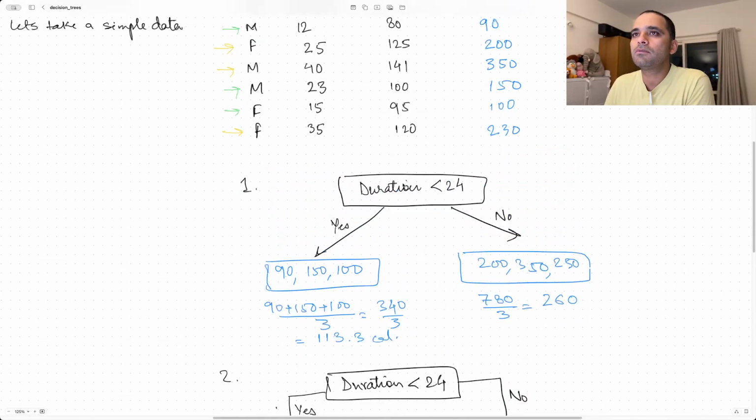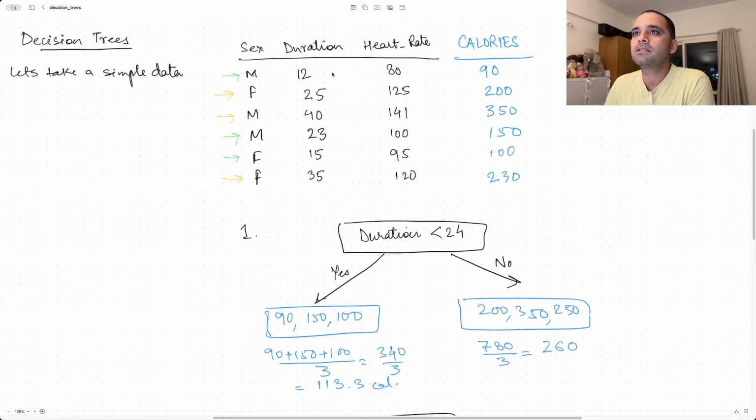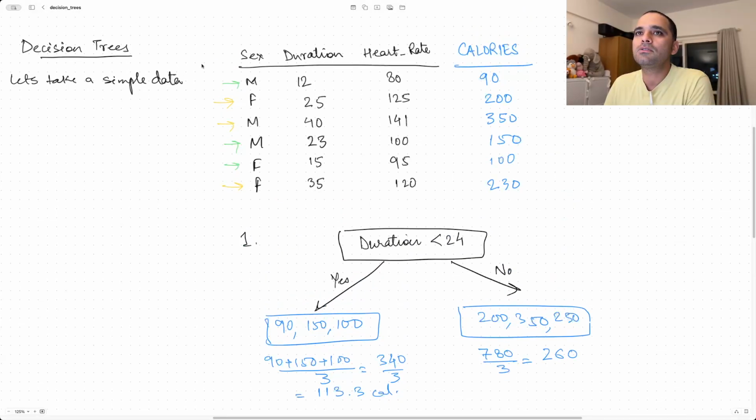So what a decision tree basically does, its intuition is that we make decisions on different features at different points of time, so that it can lead us closer and closer to predicting a correct calories value.